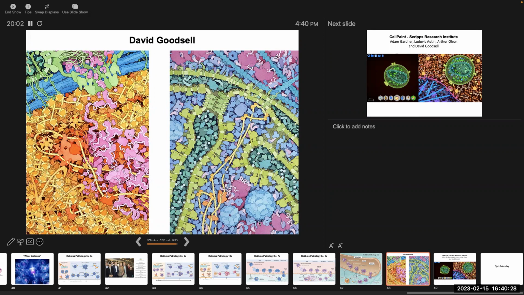And he creates these really dramatic cellular landscapes where we're looking at the interior of a cell magnified, like a couple million times. And so we get to see the individual molecules that make up the cell.